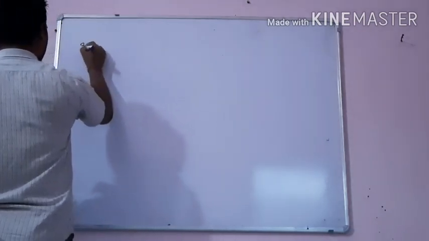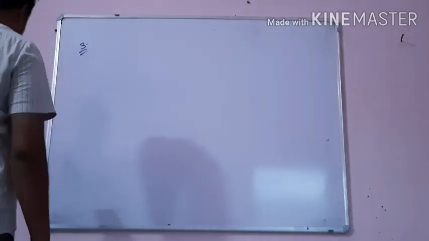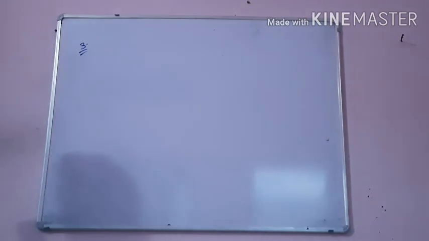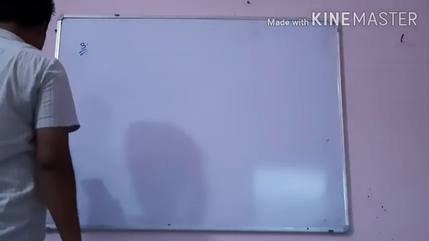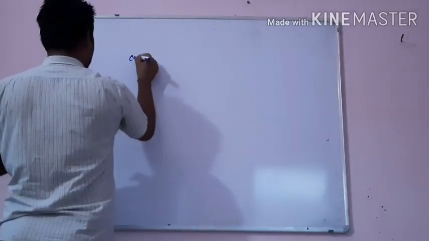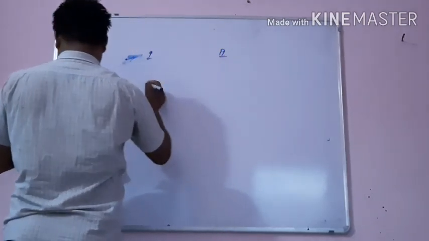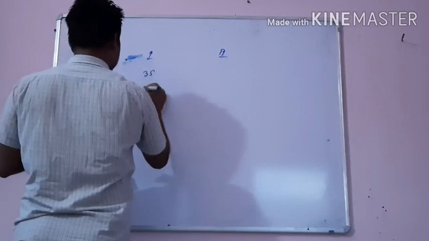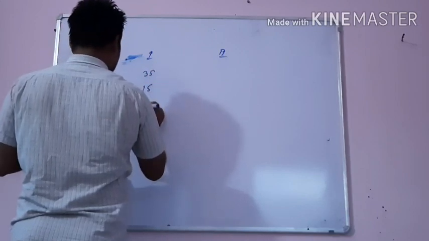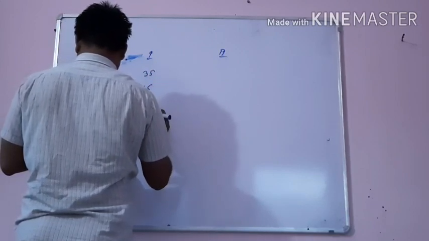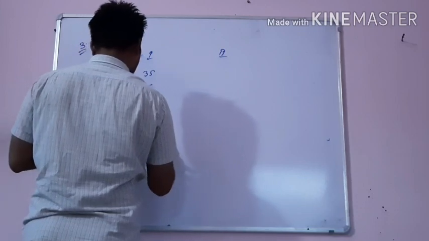In question number 3, you have to match column 1 to column 2. This is column 1 and column 2. The numbers are 35, 15, 16, 20, 25.